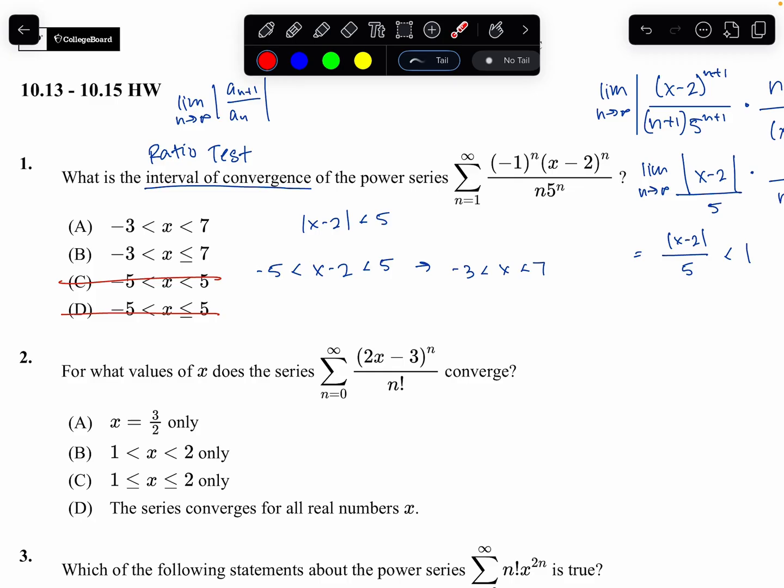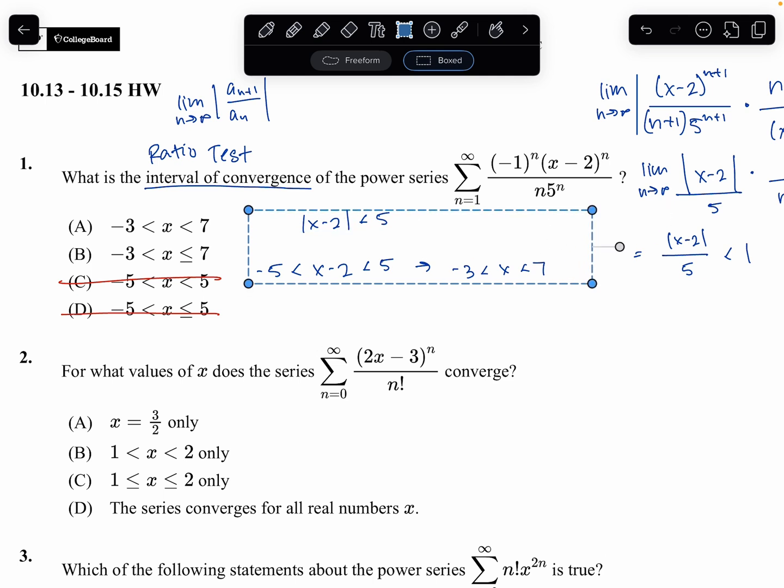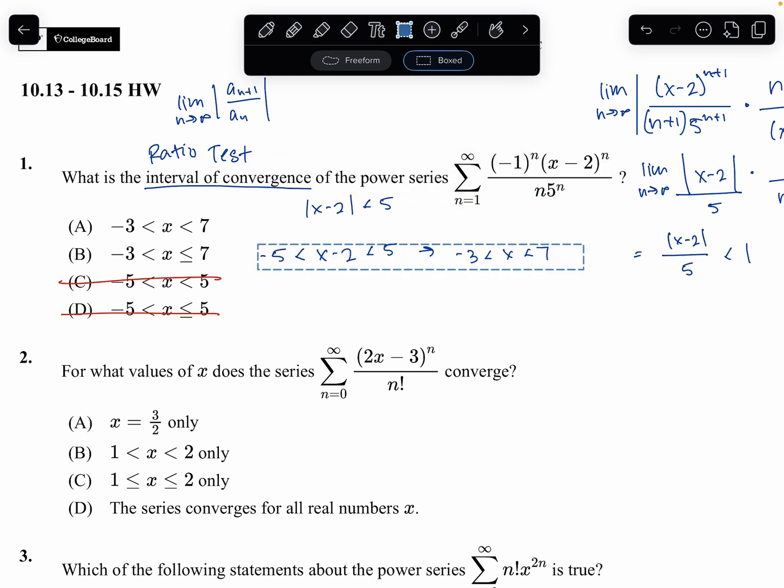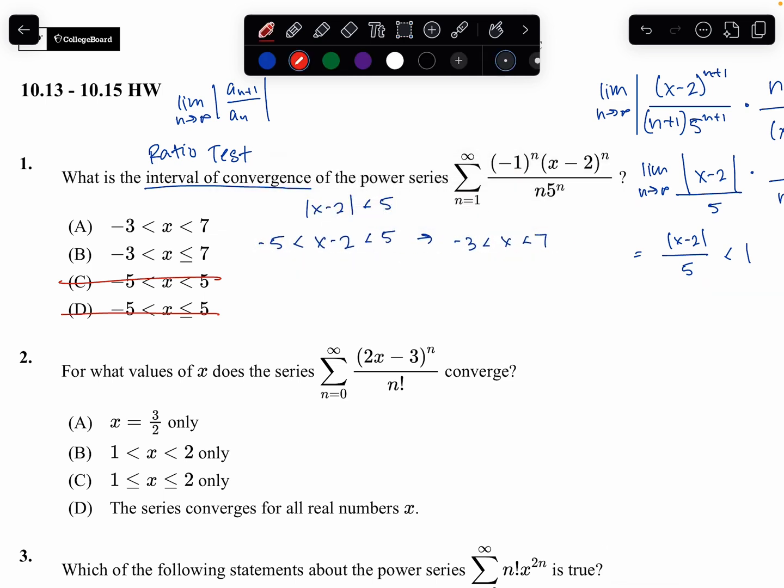So what we're going to do is plug in 7 for x right here, and for the resulting series we have to use our knowledge of series tests to see if it will converge or diverge. So say I plug in 7. Well, this becomes 7 minus 2, which becomes 5 to the n power.